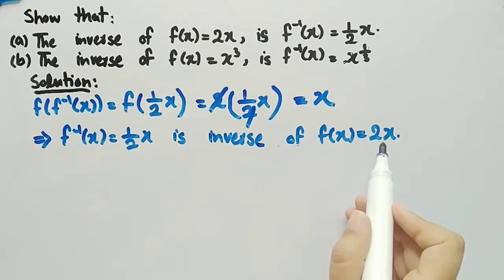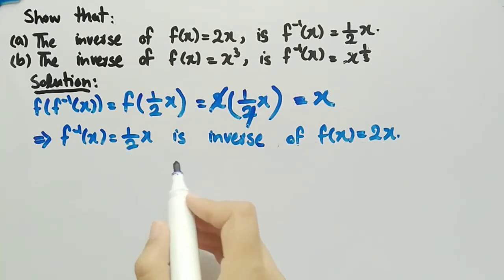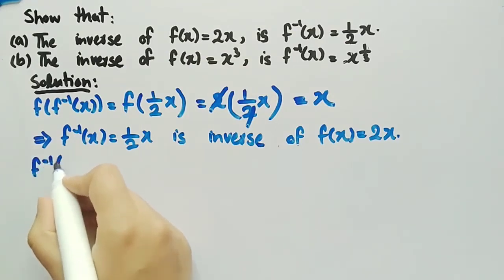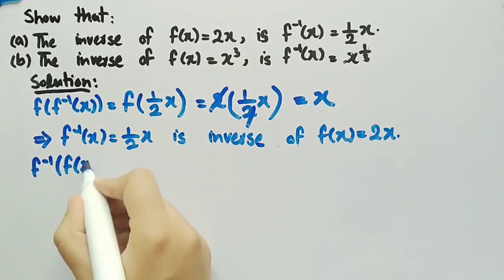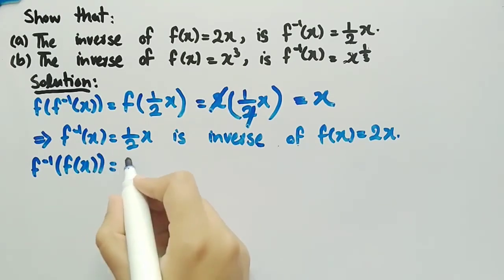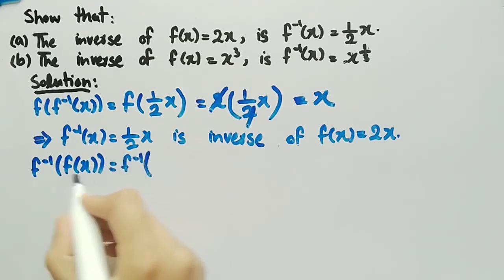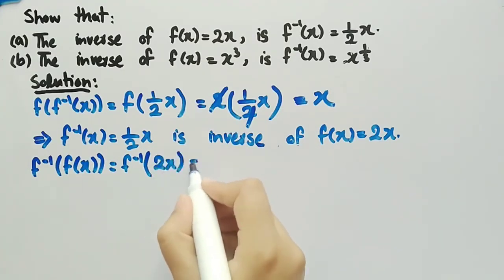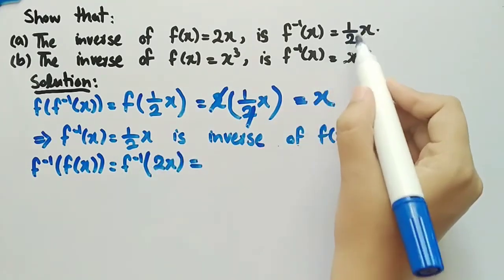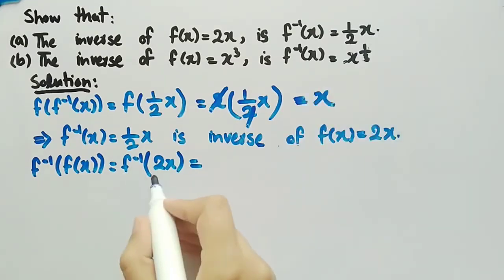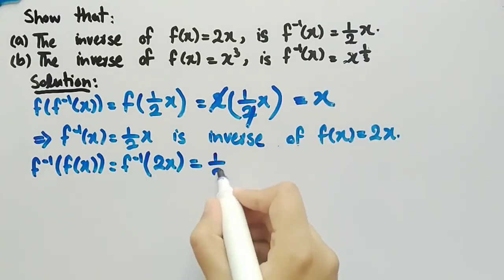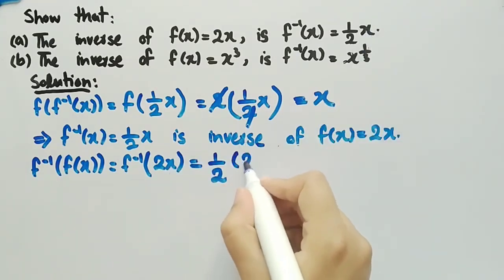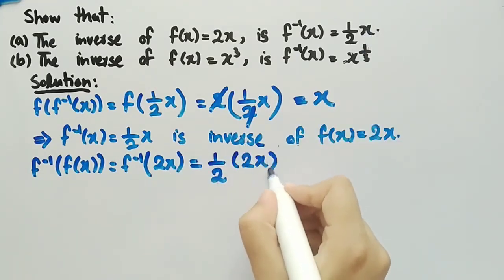Let's check whether 2x is inverse of 1/(2x) or not. For this we will check f inverse of f of x, and it is equal to f inverse replacing f of x by its value, that is 2x. f inverse of x is 1/(2x), so f inverse of 2x will be 1/2, and we will replace x by 2x, and we get 1/(2 into 2x).